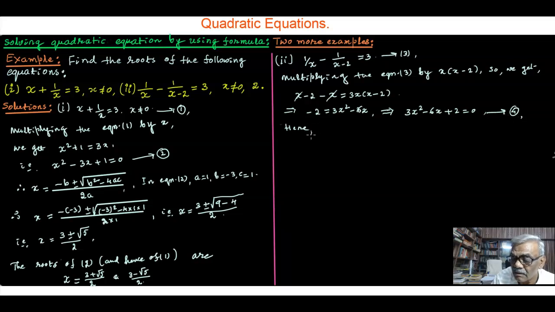Here in equation 4, a is equal to 3, b equal to minus 6, c is equal to 2.